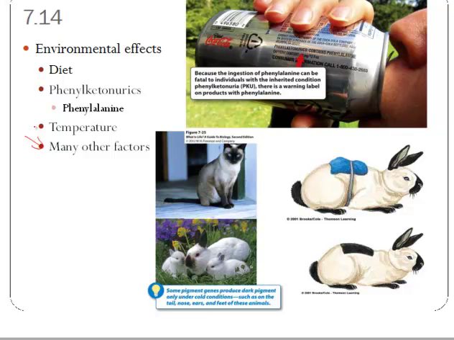There's lots of other factors that also can interact with the genes. Another example of temperature would be Arctic foxes. They're light white color in the winter when it's cold, and when they shed and grow their summer coats, it's warmer, so they produce pigment and grow in a dark coat. So there's lots of characteristics controlled by the environment.